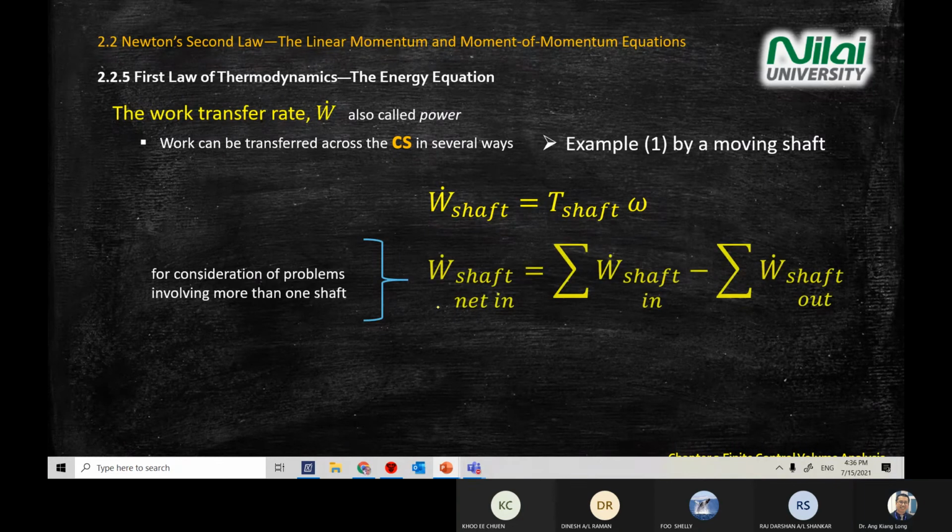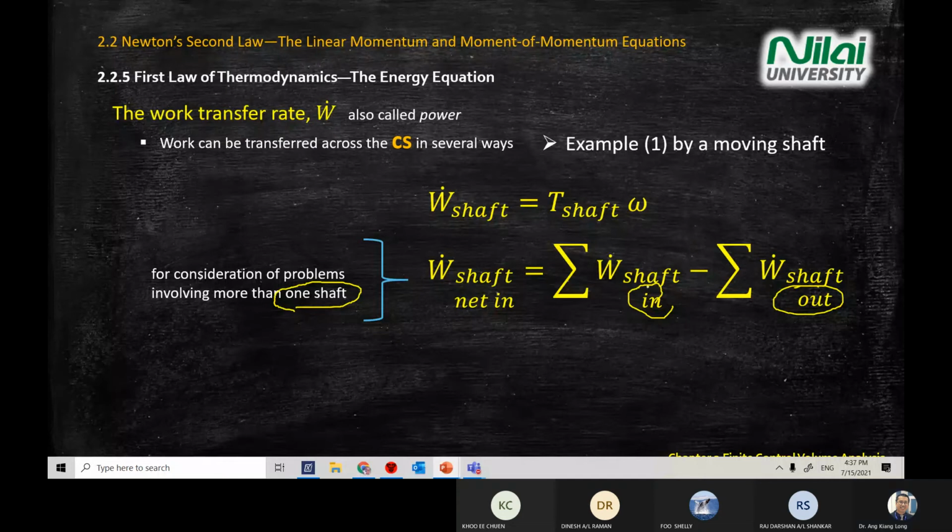All right. So if you are considering more than one shaft, how do you modify the equation above? If you have more than one shaft, you take the input minus the output. You calculate all the shaft work minus all the net. You can say you calculate the net of the work done or the power.